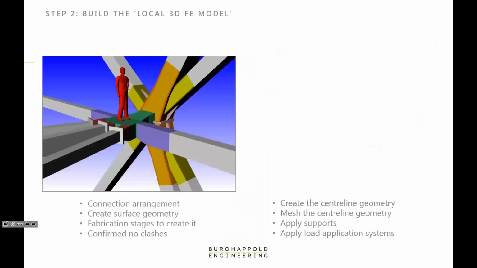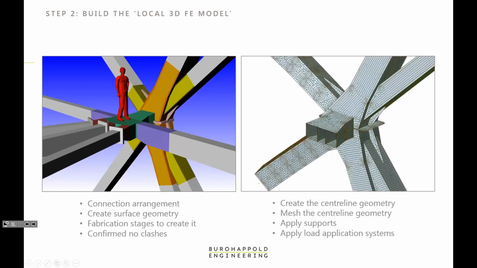We then needed to build this 3D finite element local model. In order to do that, we've got to know the member configuration. We've got to create the surface geometry. We've got to do the fabrication stage arrangement to make sure that it's going to come together and there's no clashes. So all that has to happen before we can do any finite element model.